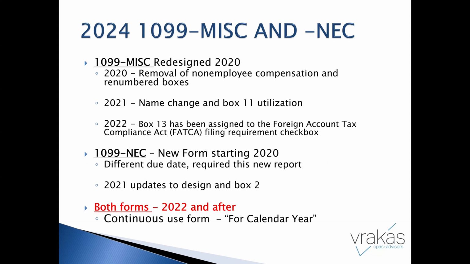As I mentioned, every year the IRS typically changes the form slightly. The last two years, they've left it the same. One thing they did change for the 2023 filing period was that they made it a continuous form, so that you do not need to get new forms every year. Sometimes you had to program your software every year.